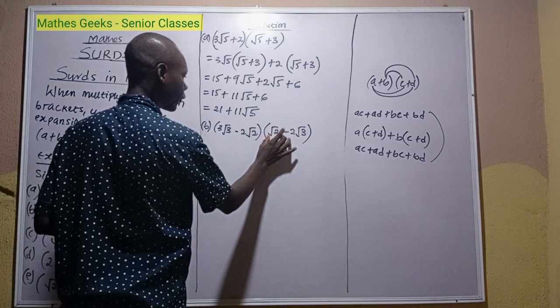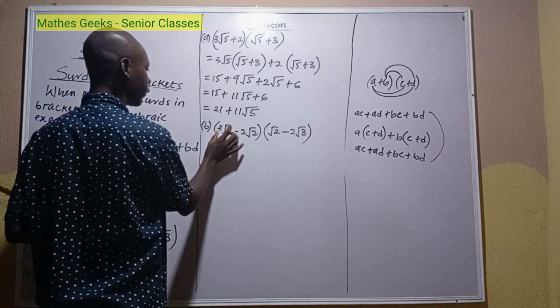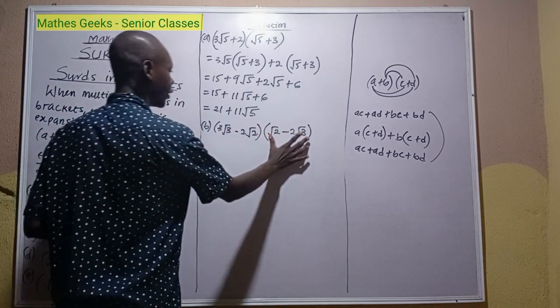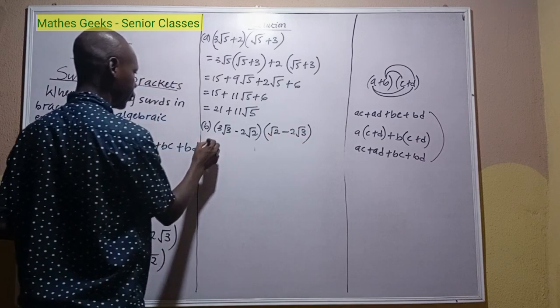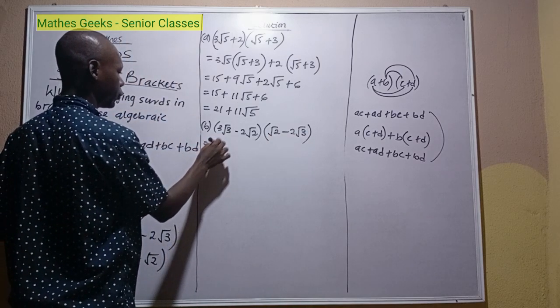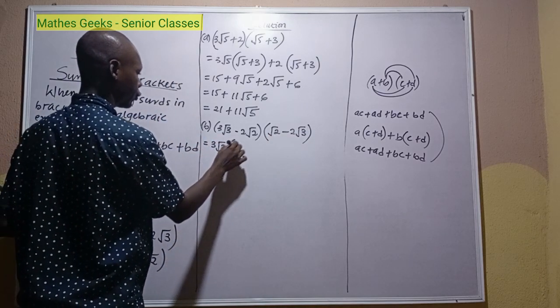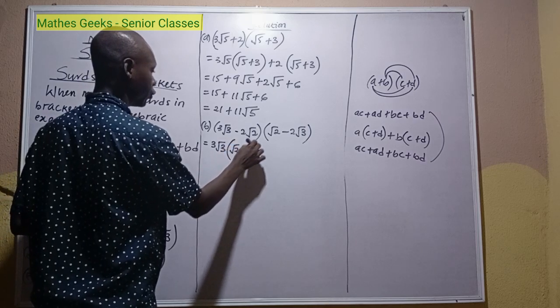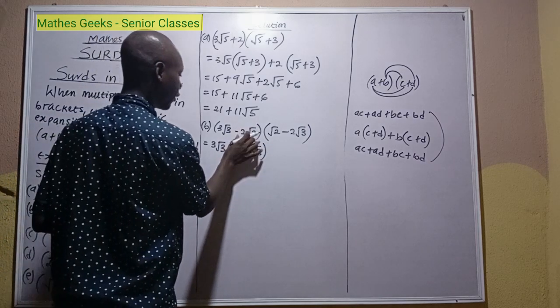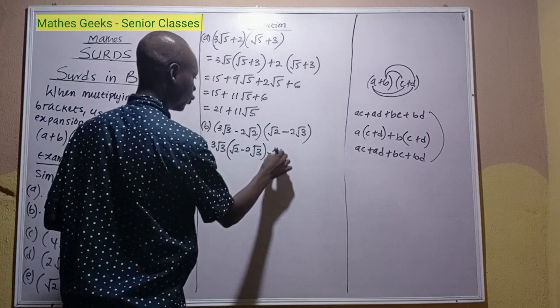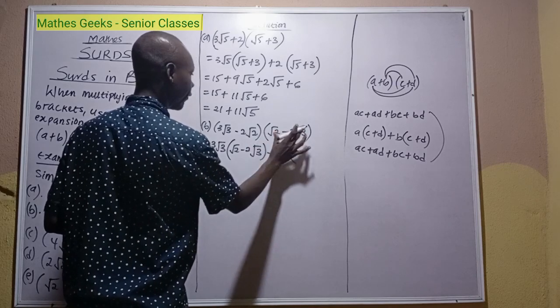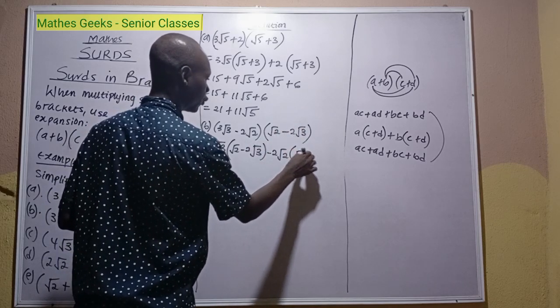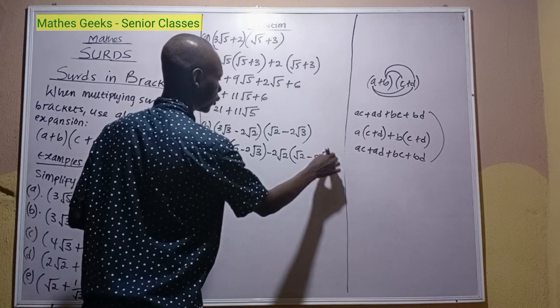In this bracket, this is the first term, this is the second term. So the first term in the first bracket is going to multiply everything in the second bracket. That will give us 3 root 3 times (root 2 minus 2 root 3). Then the second term in the first bracket, minus 2 root 2, multiplies everything in the second bracket, root 2 minus 2 root 3.